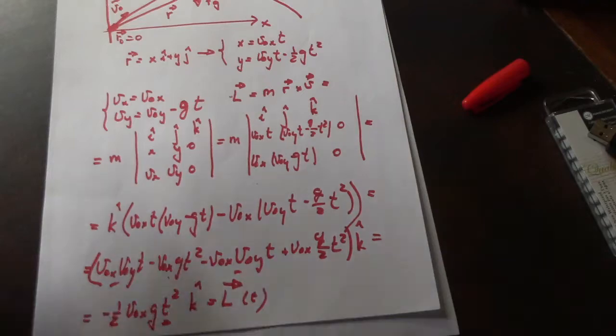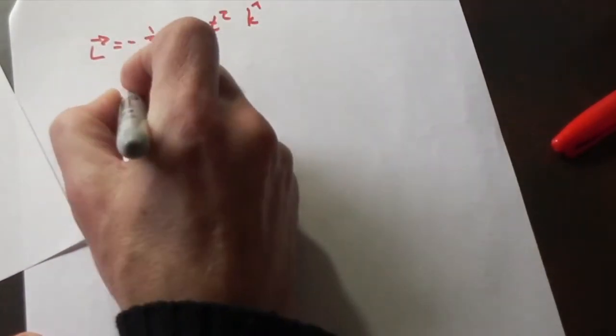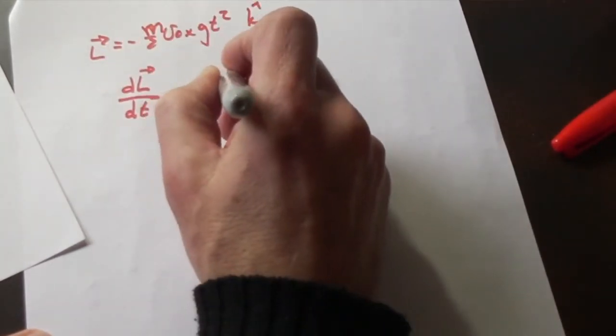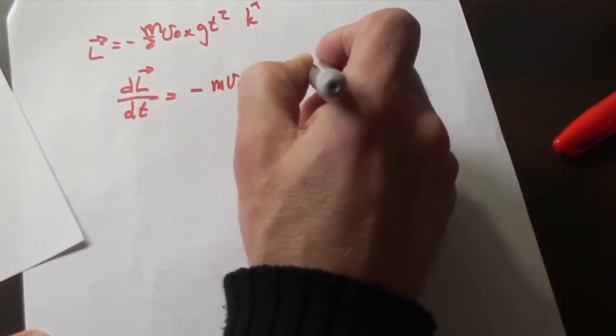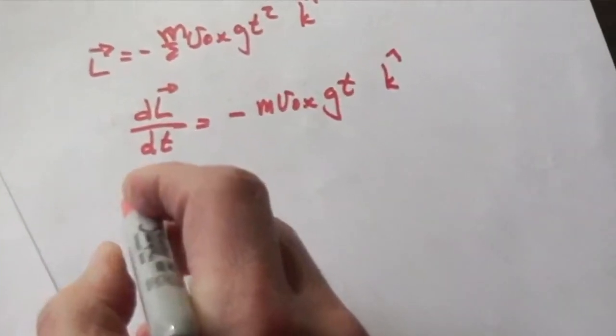But we have previously seen that angular momentum is not conserved when there is an external torque. In this case, we should calculate the derivative of angular momentum, which here is equal to minus m v0x g t k hat. From our previous result, this should be equal to the torque.